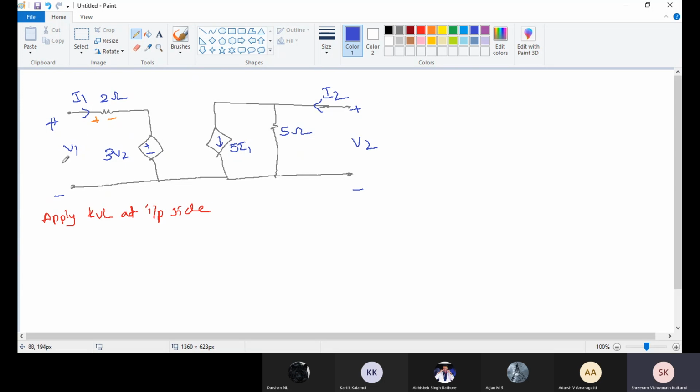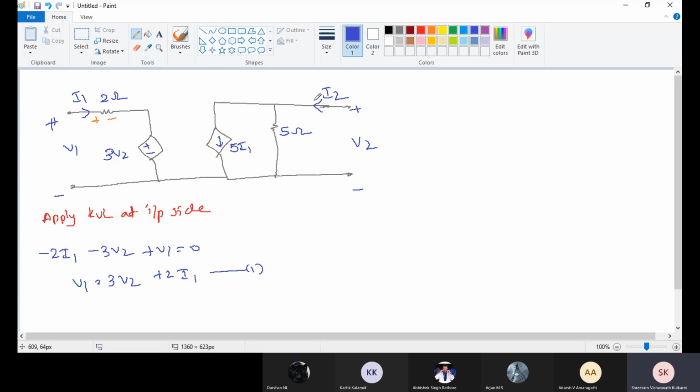Apply minus 2I1 minus 3V2 plus V1 equals to 0. If I apply KVL at the input side, I got this. Now V1 equals to 3V2 plus 2I1. I'm going to call this equation 1.